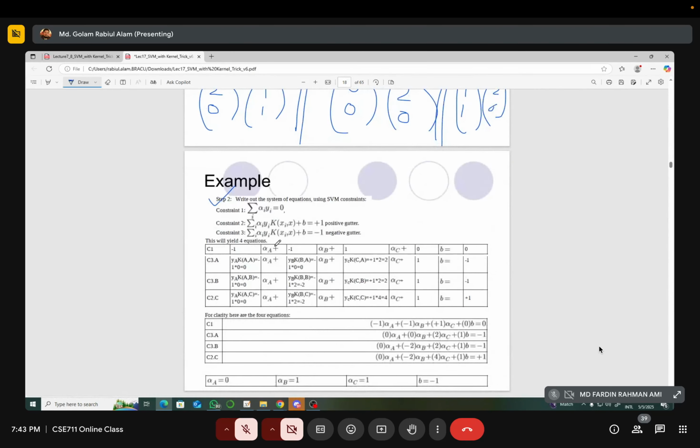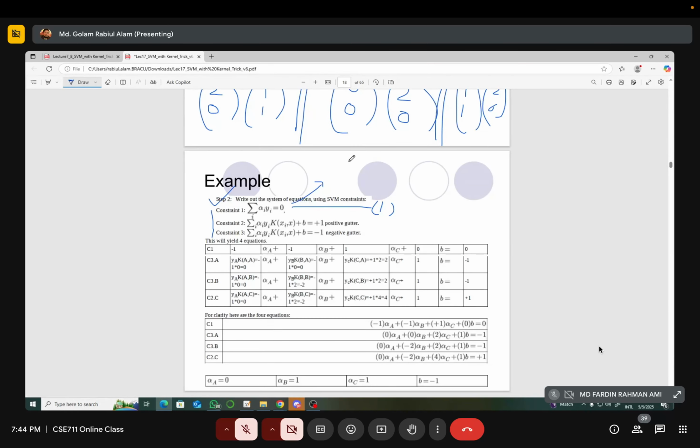Okay, if we utilize these three equations, 1, 2 and 3, these three equations here in this table, then in this formulation we can see that for the case of the first equation, that is equation number 1, the summation of alpha I yi equals 0. So in this case, if we expand this one, actually we have three data points.